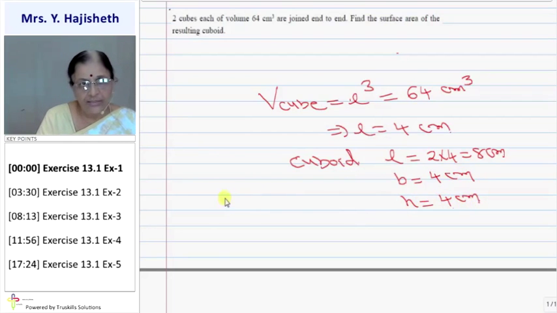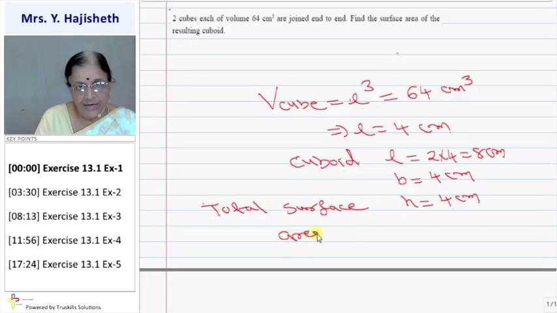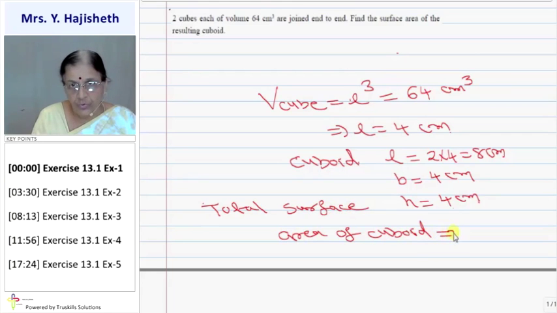So what is the total surface area of cuboid? Total surface area of cuboid is equal to 2 times (L into B plus L into H plus B into H), okay?